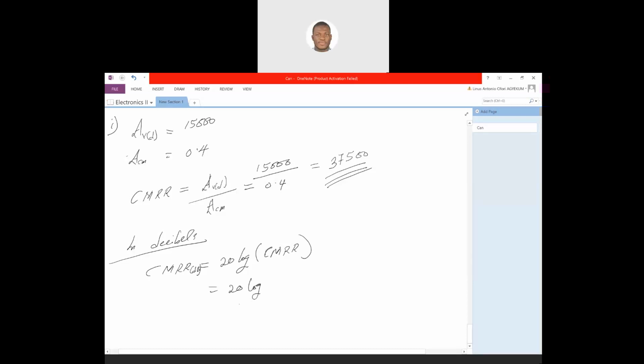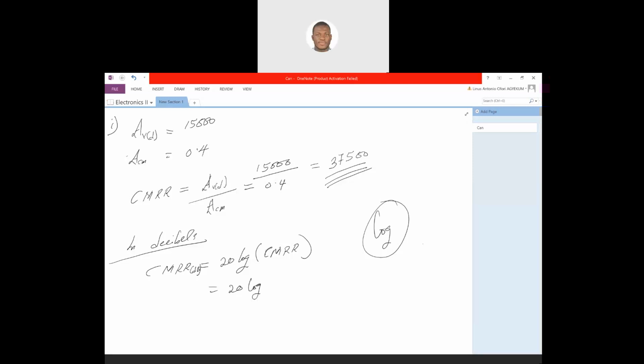So you can decide to make this CMRR subscript decibels or CMRR in decibels, equals 20 log CMRR, which is equal to 20 log 37,500.